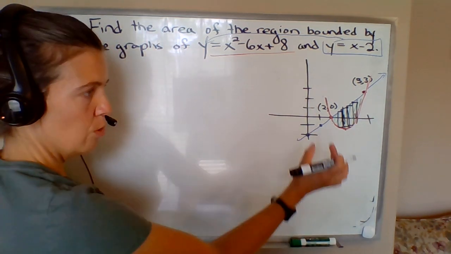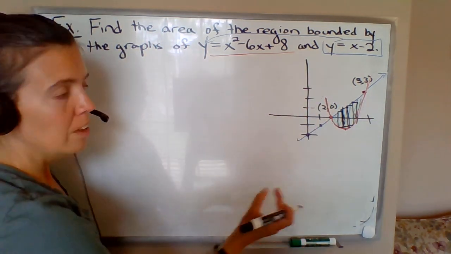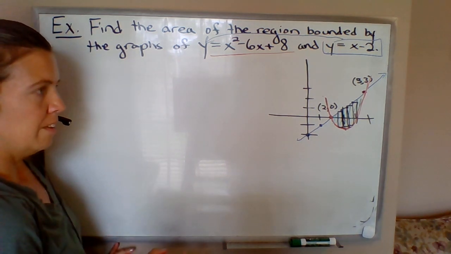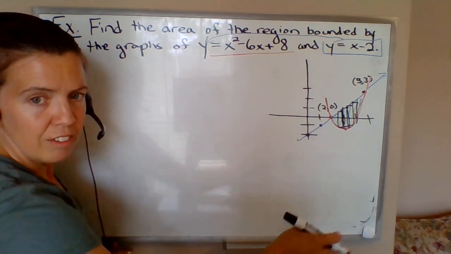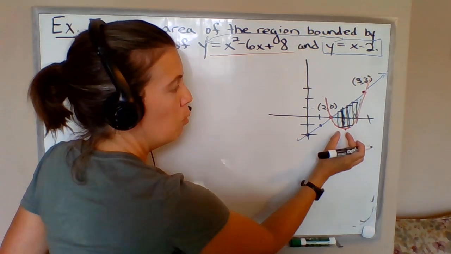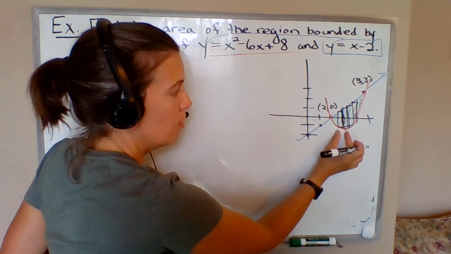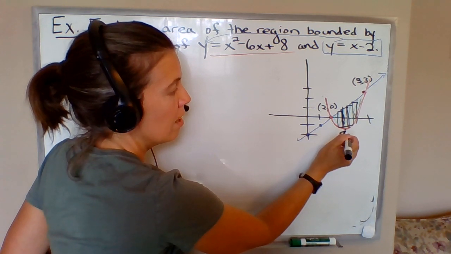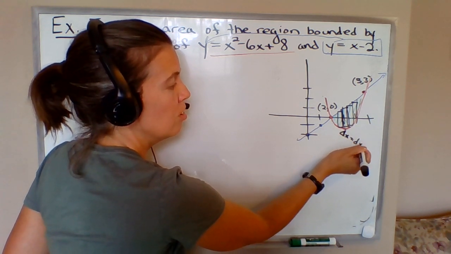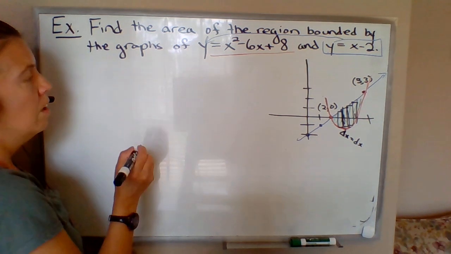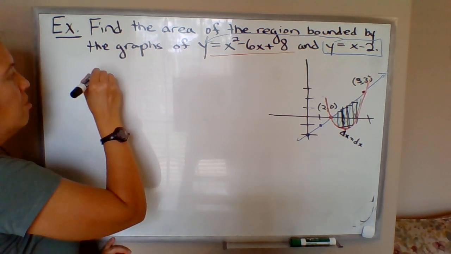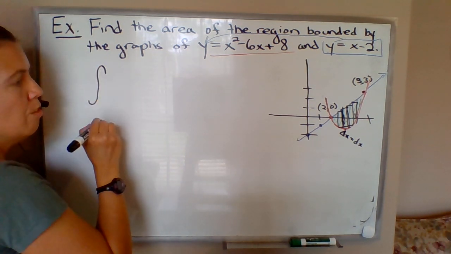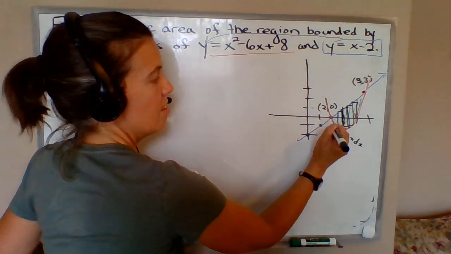We would have those rectangles aligned vertically, and we would add up the area of each rectangle, where the horizontal width is very, very small. That's what we call delta x or dx when we're integrating.